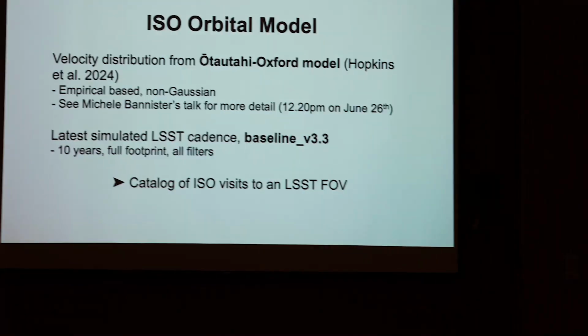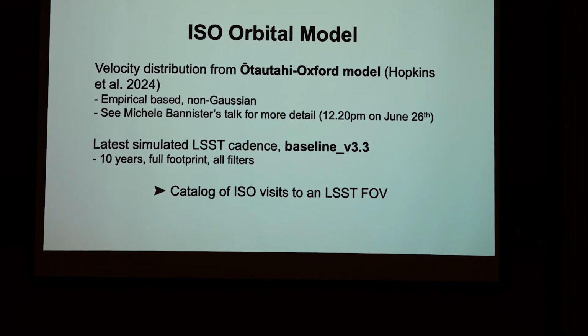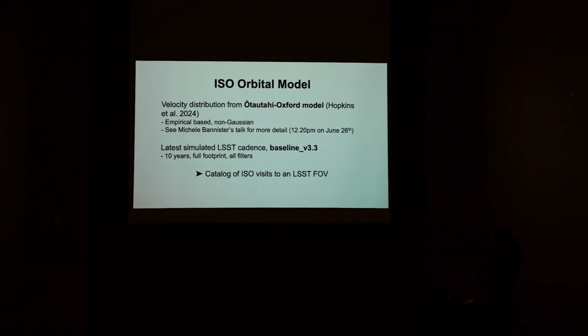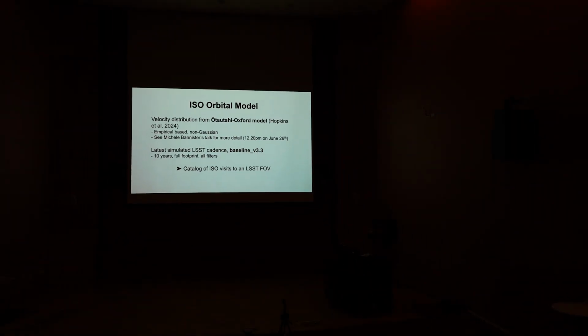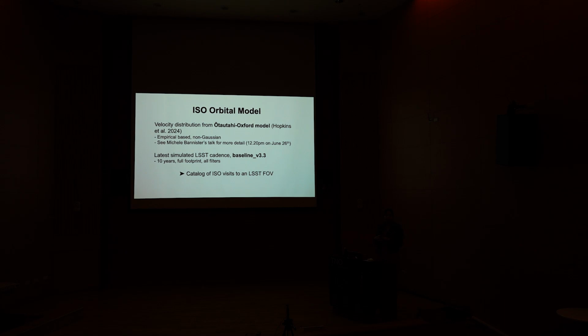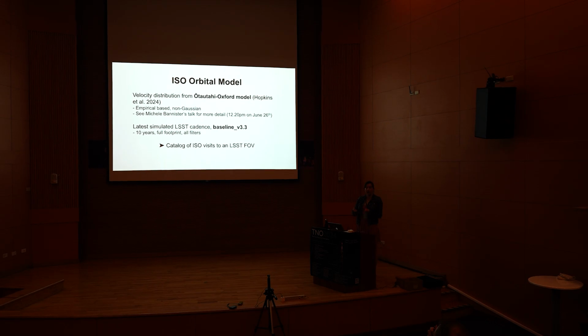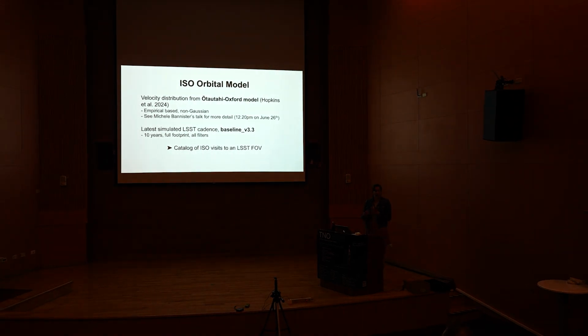See Michele Bannister's talk on Wednesday for more detail about that model. Basically we're taking that and the most current LSST baseline simulation, and what we get is a catalogue of visits of ISOs within a field of view of LSST.